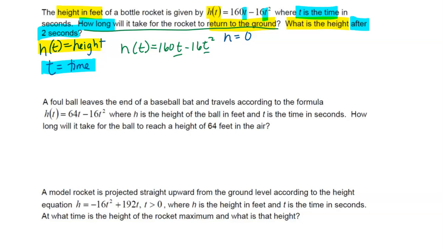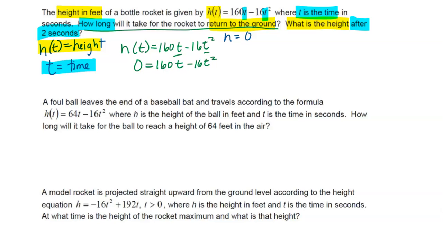So if I'm looking for time, they needed to give me my other variable, which is height. Did they tell me in that question what the height is? Yes, 0. So at this point, I'm either going to plug in for the height or the time. And since they gave me height, I'm going to plug in for the height. So 0 equals 160t minus 16t squared.